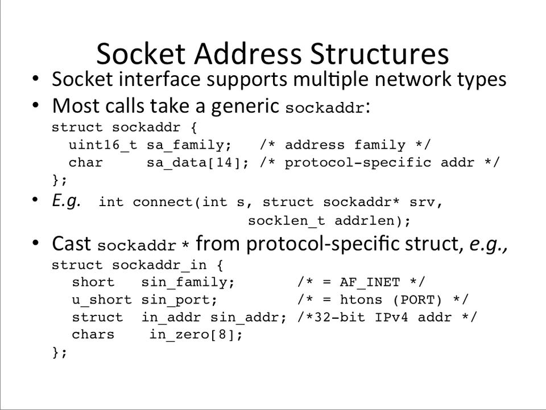For example, which family, IPv4 or v6, which port number, which address, etc. So there's a structure. Again, there's not enough time to go through the details, but the point is there are certain types of information that you need to specify to name the end of the socket. And you put all that information in this particular structure.